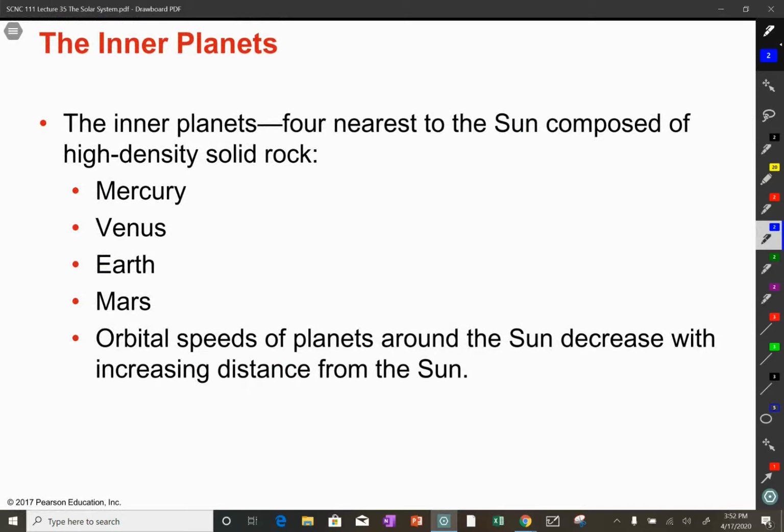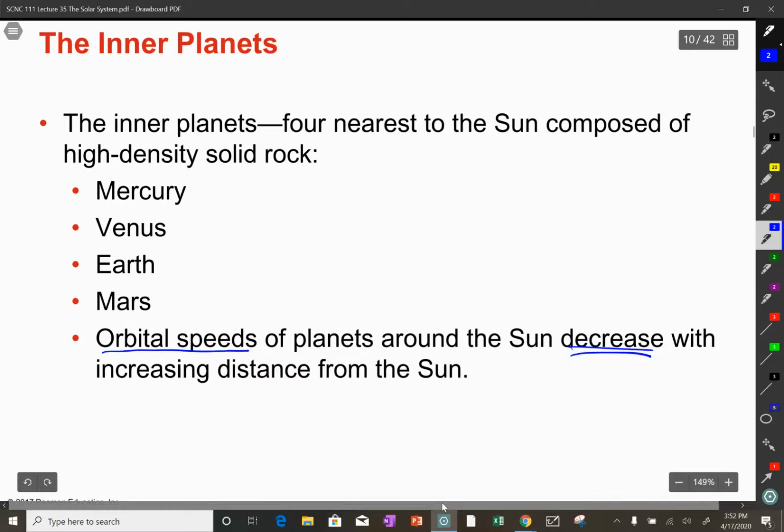So now let's talk about the inner planets, Mercury, Venus, Earth, and Mars. We have some interesting rules. Orbital speeds, that's the speed at which the planet is going around the sun, decrease with increasing distance.